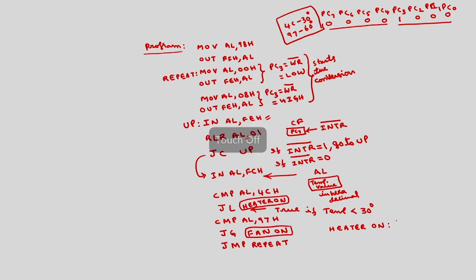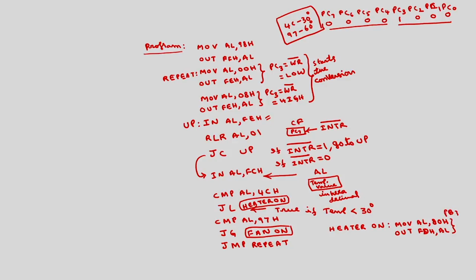To make PB7 as 1, move AL comma ATH. You have to output onto port B: out FDH comma AL. So, this will make PB7 as 1, which is connected to the heater.